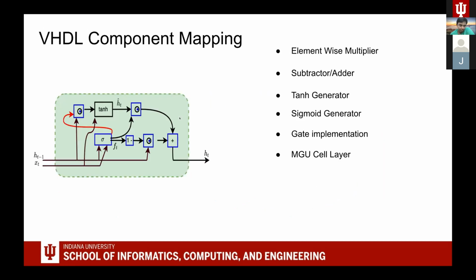Then it comes to VHDL component mapping. We can identify element-wise multipliers, subtractors and adders, a tanh generator, and a sigmoid generator. Out of these components, we can create an abstract layer for a gate implementation, and then finally the cell layer.